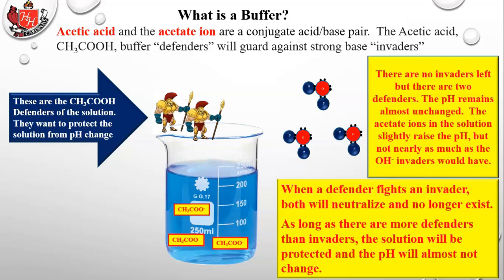So that's a good trade-off. It's better to have one hydroxide than 10,000. And so that's what happens. The acetate ions will produce some hydroxides and will slightly raise the pH of the solution, but not nearly as much as it would have happened if those 10,000 hydroxides from the strong base had been able to enter the solution.